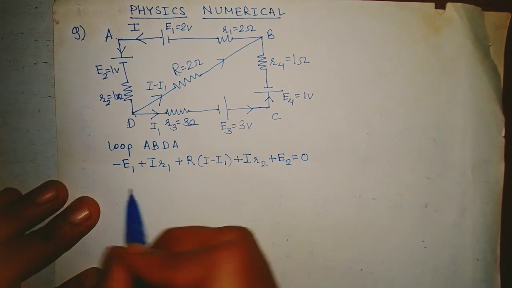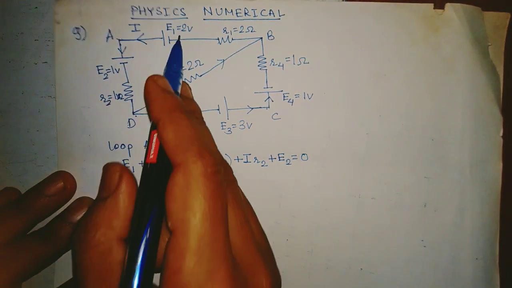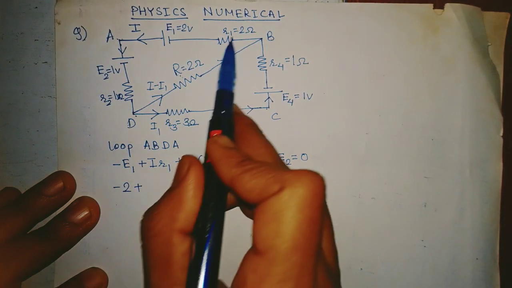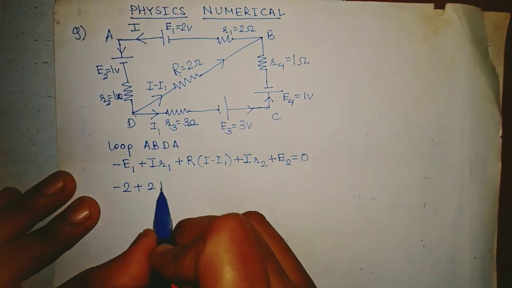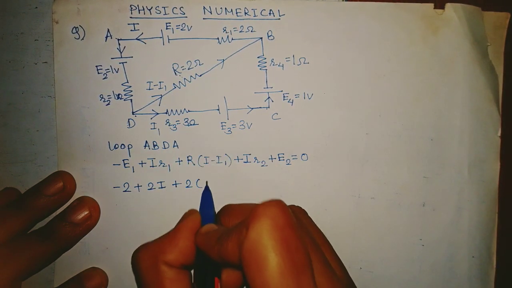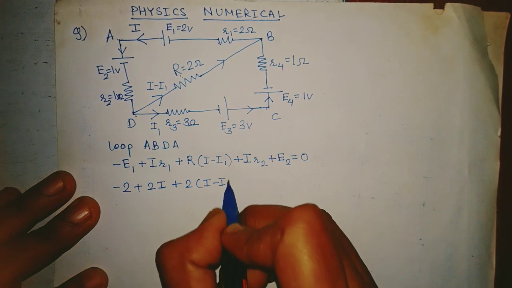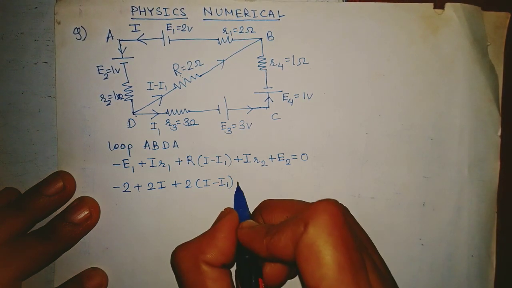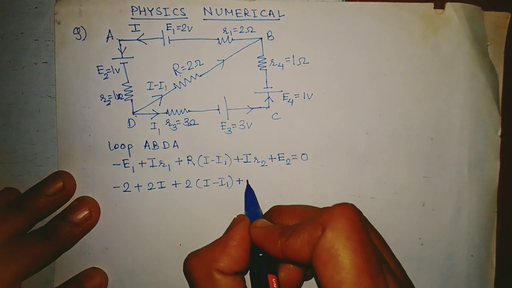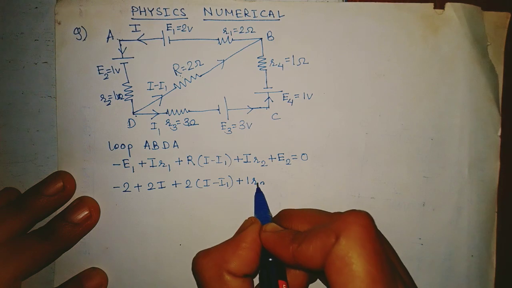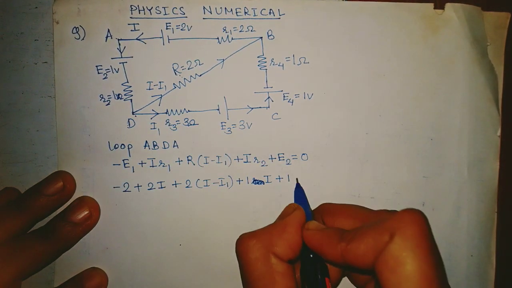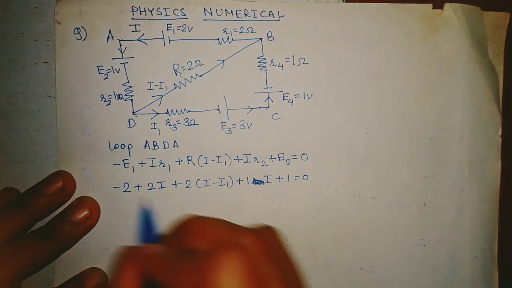Now let's put the values. So our E1 is 2, then R1 is 2 ohm, R is 2. We have to find currents I and I1, plus R2 is 1 into I, and E2 is 1. Now simplify this equation.